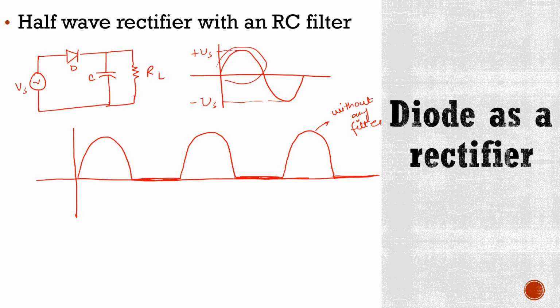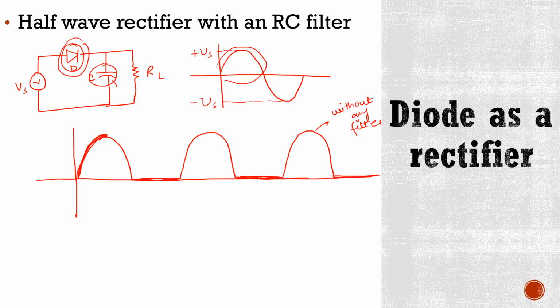Now when this half wave rectifier is used with an RC filter, then during this positive half cycle of the input, this diode is forward biased, which will allow this capacitor to charge. Now on this waveform, it will look something like this. Now when the input begins to decrease below its peak, this capacitor retains its charge, and now this diode becomes reverse biased.